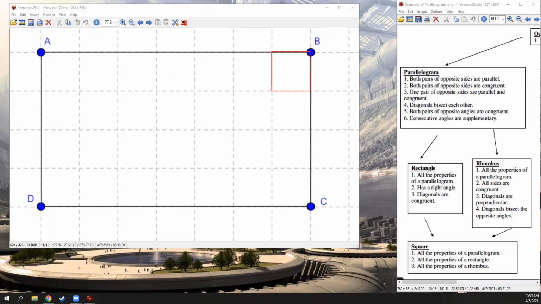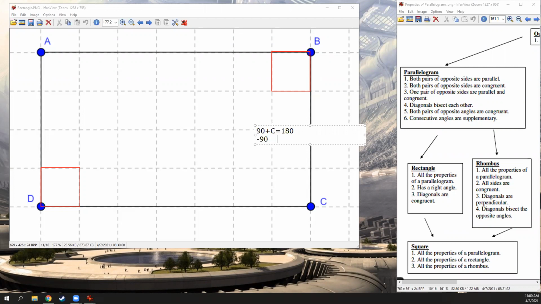if we did all the other properties of parallelograms, you find out something interesting. So one, both pairs of opposite angles are congruent. If this is 90, then the angle opposite it is also 90. And then, going along with this trend, consecutive angles are supplementary. If this is 90, then C and B will add up to 180. Some of you already get it, but I'm just going to spell it out for everyone else. 90 plus C equals 180, right?